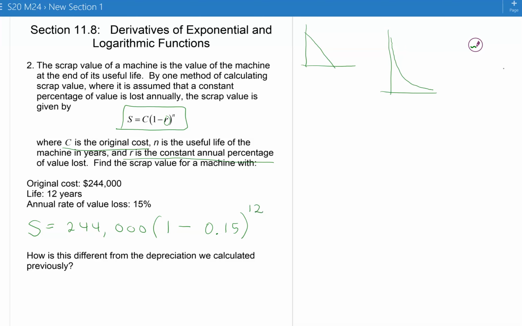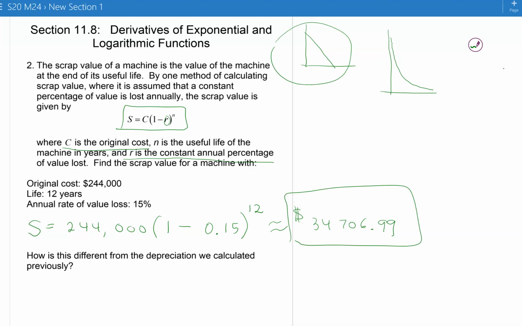So we're going to have 1 minus 0.15 to the power of 12 times 244,000. And I'm getting about 34,706.99. So make sure you know how to get that on your calculator. This is different from the linear depreciation that we calculated previously. It's faster depreciation at the beginning.